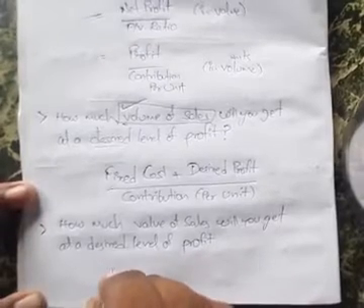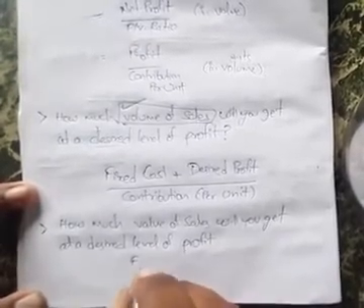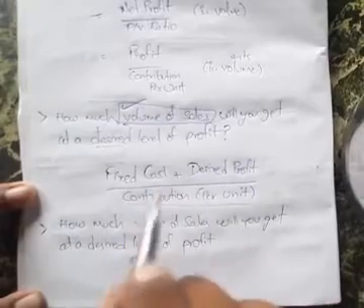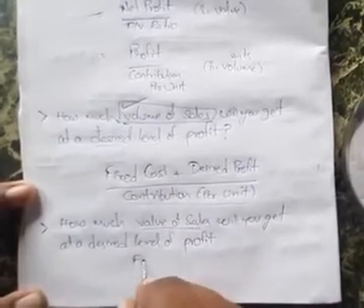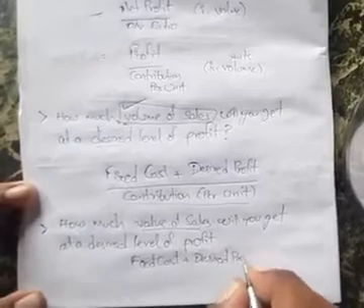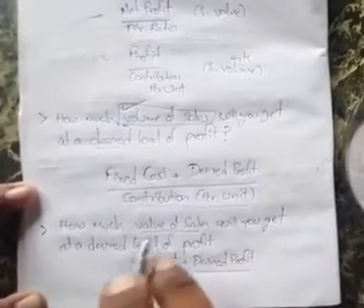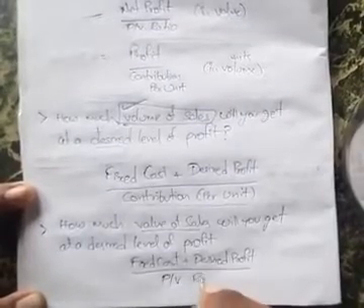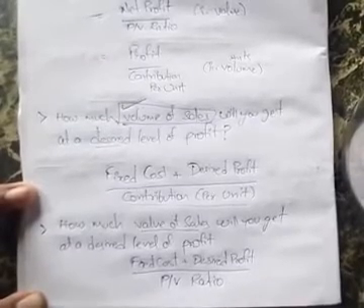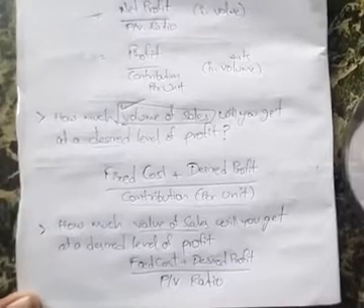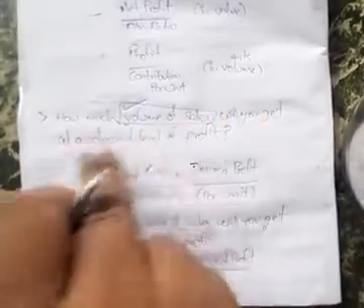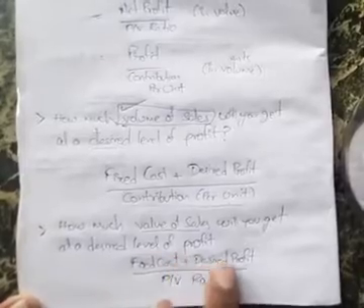So here the formula, you can easily guess: when in the volume of sales it is contribution per unit, when we ask for value, we get again fixed cost plus desired profit. The numerator is same, but in the denominator, instead of contribution per unit, we have profit volume ratio. Okay, this is the question of how much volume of sales, or how much value, will you get at a desired level of profit.